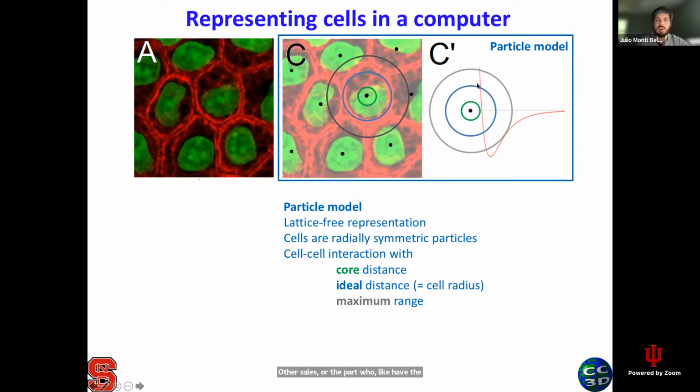There's a repulsive core, so they cannot get closer than that. And this interaction has a cutoff, so after this ideal distance, they can pull the cells together, but if they're too far away, they cannot feel each other, and there's no interaction between the cells.